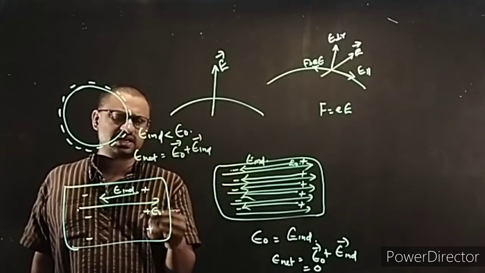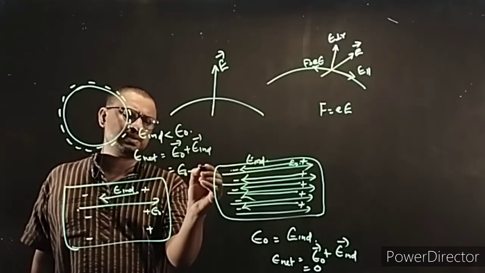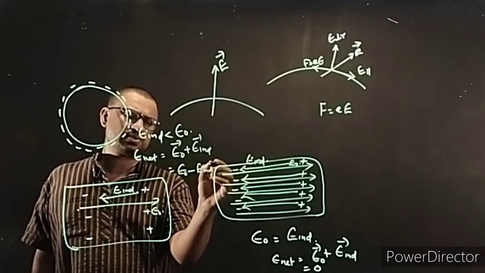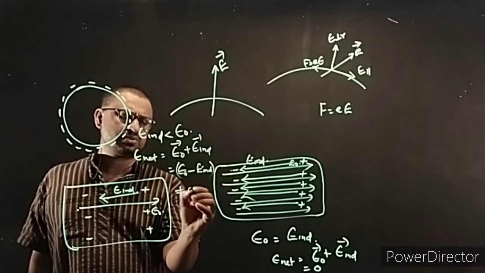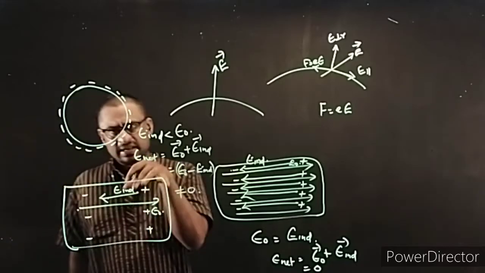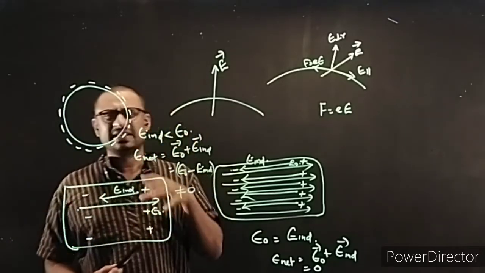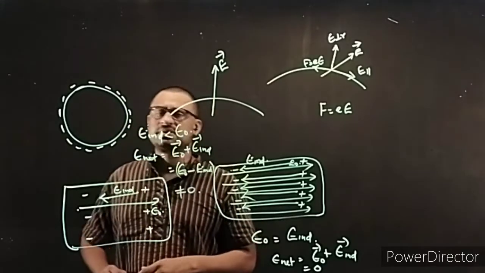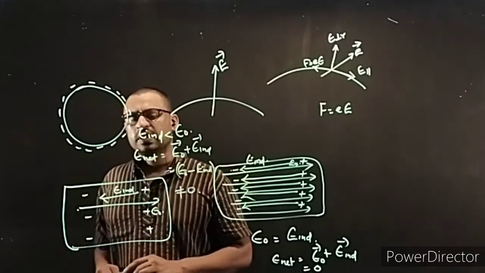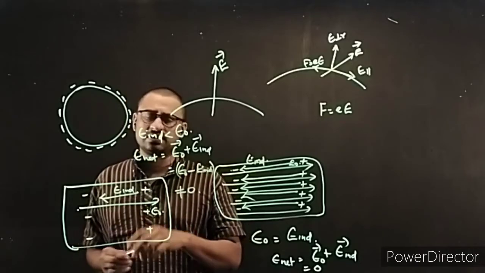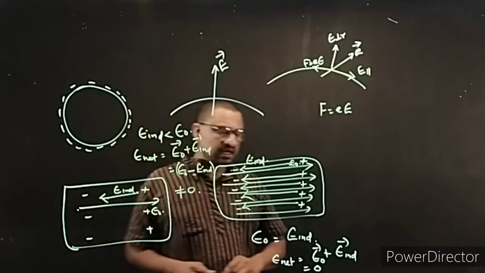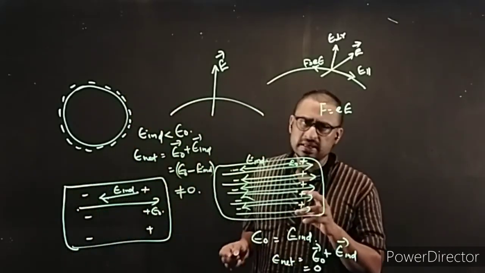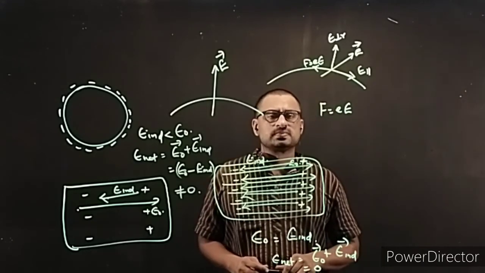Since they are in opposite directions, the magnitude will be E0 minus E induced, and that is not equal to 0. So there will be a net electric field developed within the material in the case of a dielectric or an insulator, while in the case of a conductor, the electric field inside will be 0.